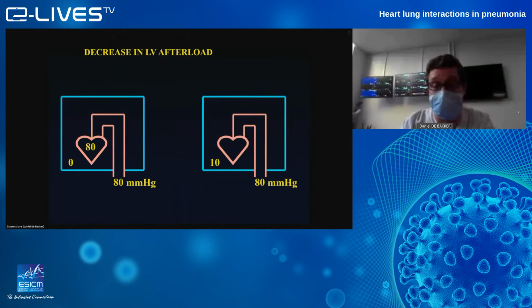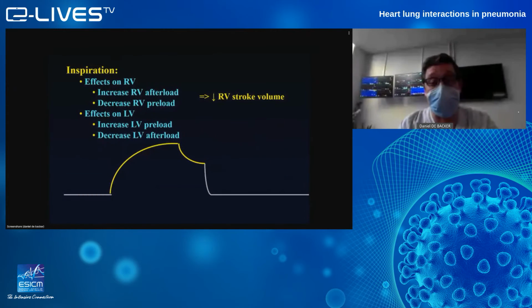If, on the other hand, we apply some pressure in the thorax, to generate the same pressure, the ventricle needs to generate a lower pressure. And this is just illustrating this decrease in left ventricular afterload that is applied by the intrathoracic pressure during mechanical ventilation.